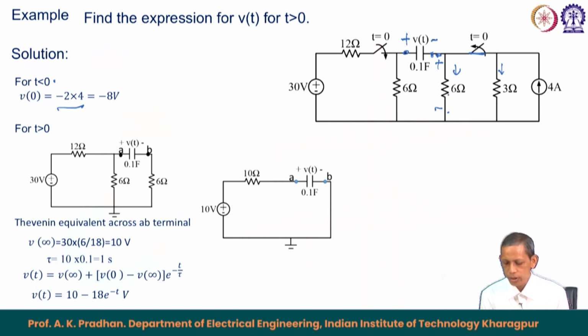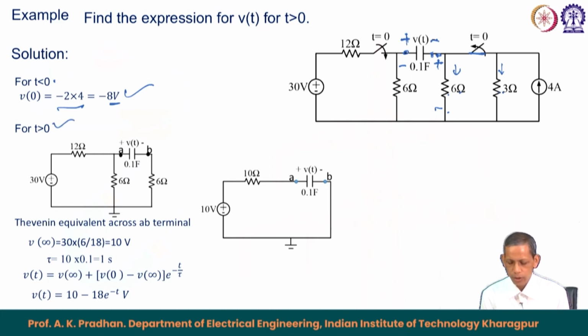So, the total resistance of 6 and 3 gives you 2 ohm. So, 2 ohm into 4 is 8 volt. The negative sign is because this current is from this side, so this becomes positive, this becomes negative, but the capacitor is marked with positive and negative the other way. So, we got the initial voltage to be minus 8 volt.